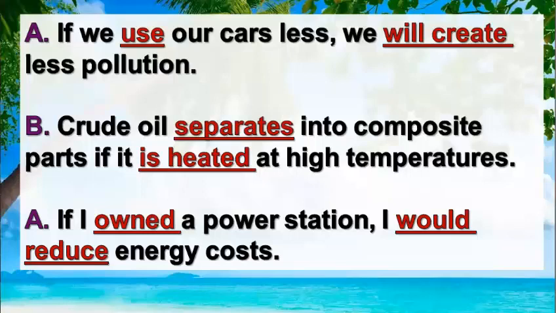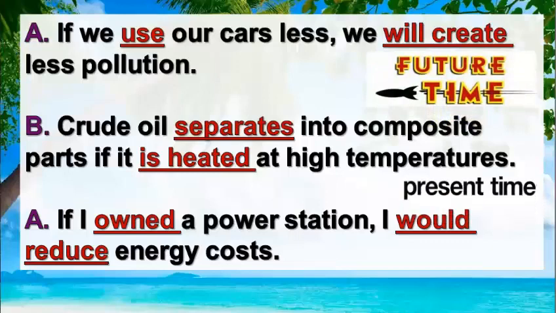Using "would" means we are talking about F2, the second conditional. So the first one will create future, the second one is present, and the third one is past. Okay, so I think it's clear using F1, F2, and F0, of course.